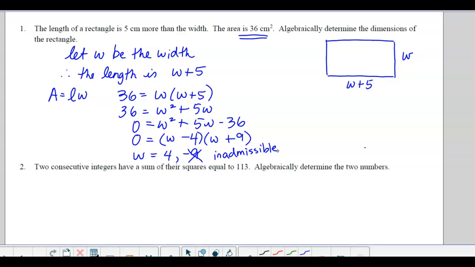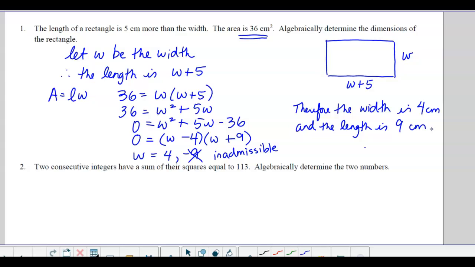So, statement answer. Therefore, the width is 4 centimeters, and the length is 4 plus 5, which is 9 centimeters.